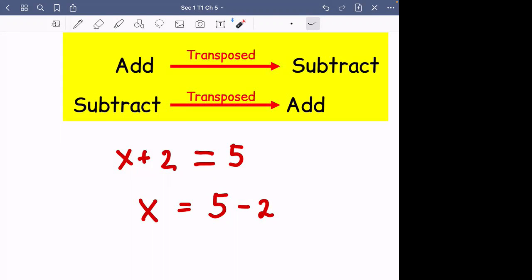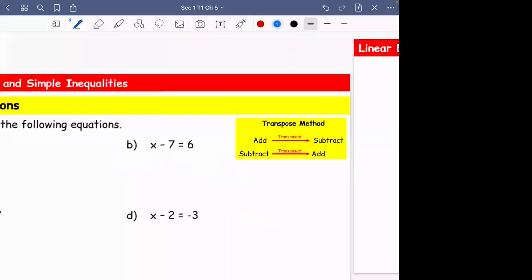That's a simple example there, but you get the point, right? So from positive, it becomes minus 2. Vice versa, if this turns out to be, let's say, minus 2, it becomes plus 2 here. So remember that method, class. This is the very first shortcut that I'm going to teach you, the transposition method.